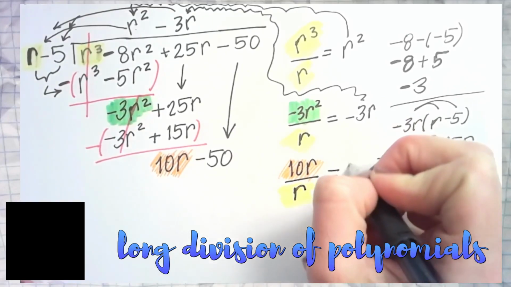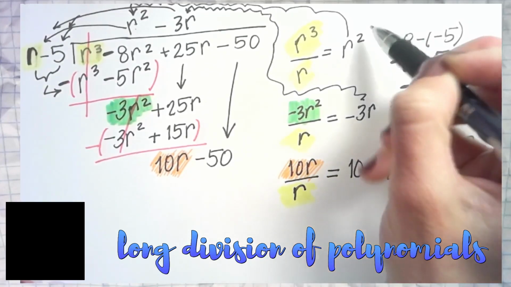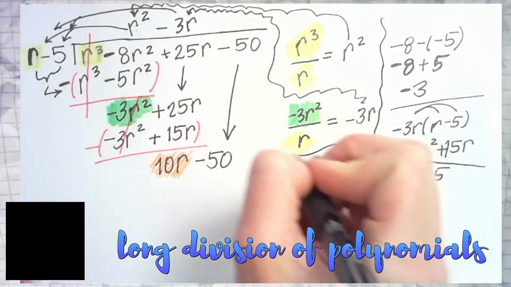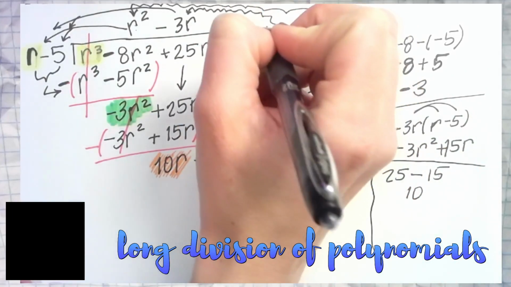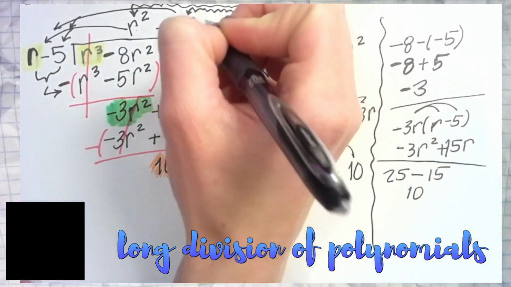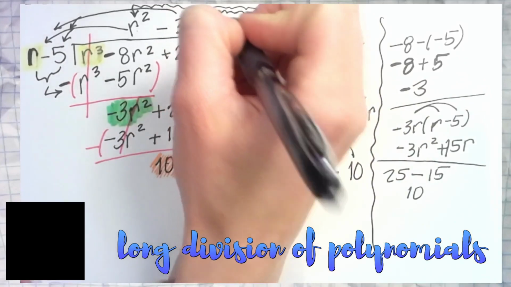What does that equal? 10. So the 10 is going to go right here. If it's a positive 10, you put plus. Don't just write 10 with nothing in front of it.